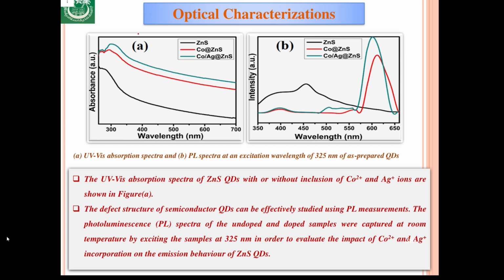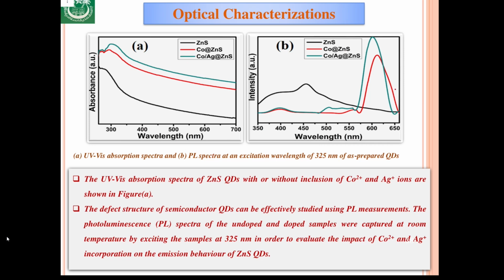The UV visible spectra showed that without the inclusion of cobalt and silver ions, a broad absorption was observed centered around 280 nanometer. On the other hand, there was a shift in the dominant absorption peak towards the right side with the incorporation of cobalt or cobalt silver doping.